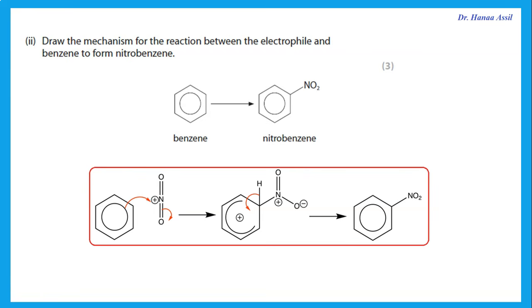Electrons coming from the delocalized benzene ring attack the positive on the nitrogen. This joins the NO2 to the benzene ring, and then we need to give up the electrons between the benzene ring and that hydrogen in order to have the nitrobenzene product.